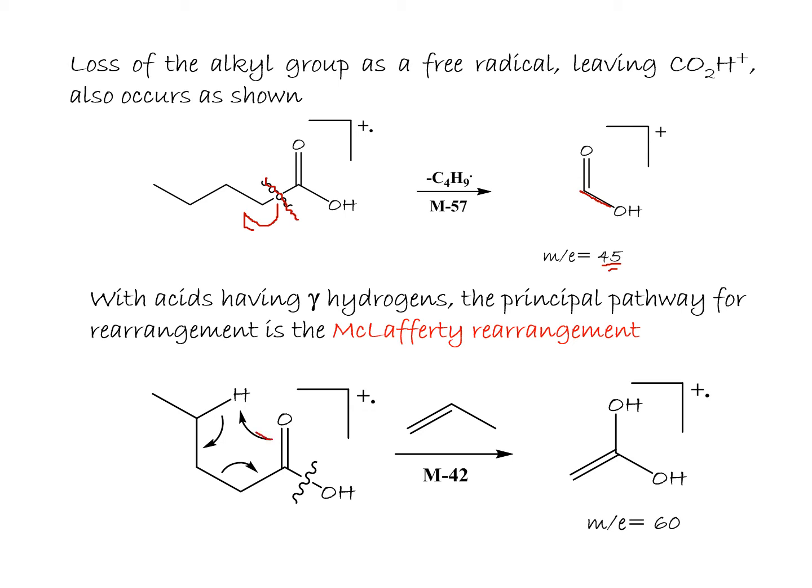Here we can have heterolytic cleavage, abstracting H, forming a double bond, breaking this single bond, and forming the double bond, leading to a cation radical at m/e 60. Remember, you started with an odd-electron ion. You eliminate a neutral species. You have to end up with an odd-electron cation radical.